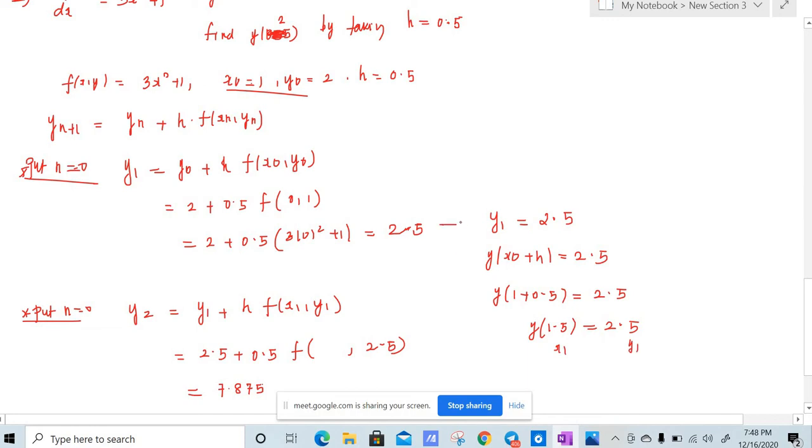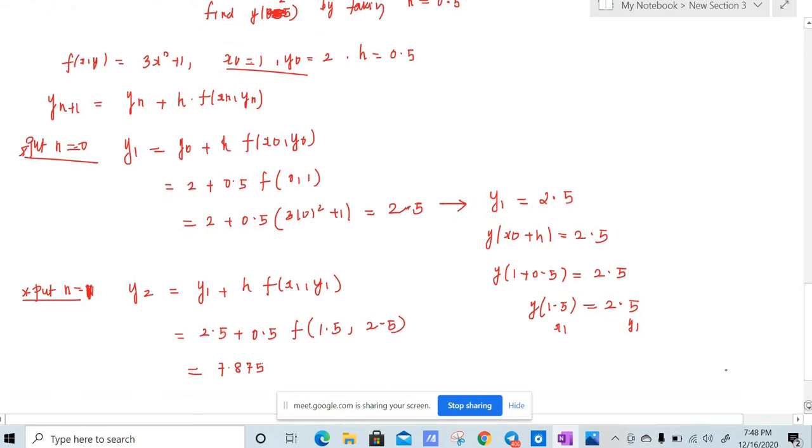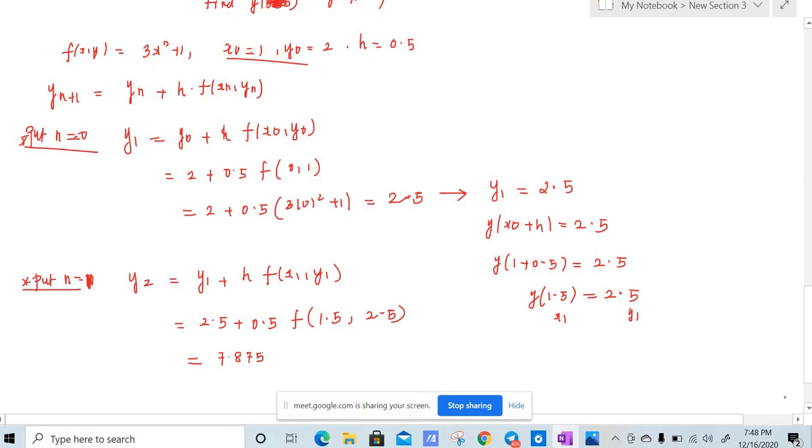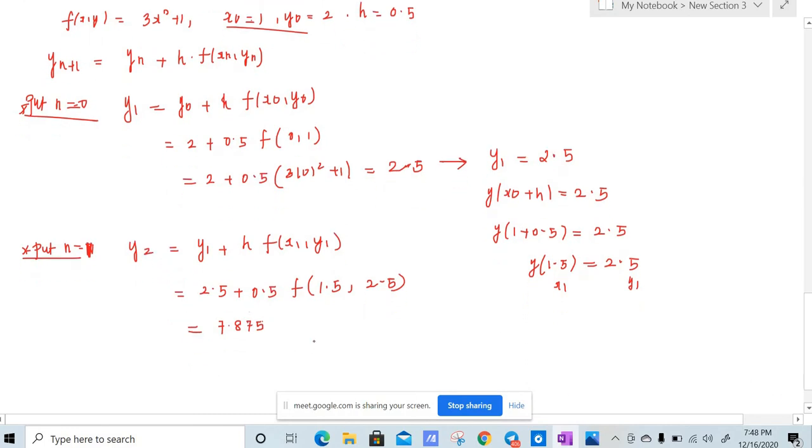So after this, you need to go to this step and put n is equal to 1. So this will be y of 1.5 comma 2.5. Now you will get this answer 7.875. So that means y2 is equal to 7.875. What is y2? It is y of x1 plus h is equal to 7.875.